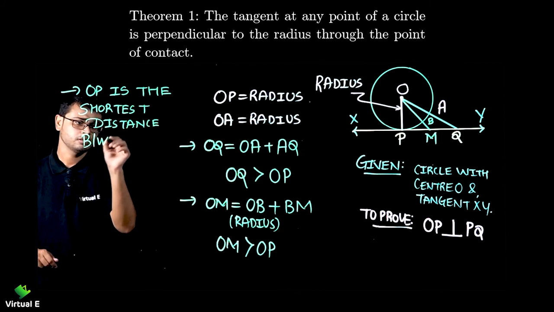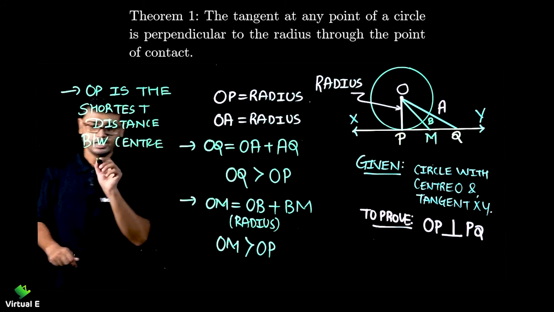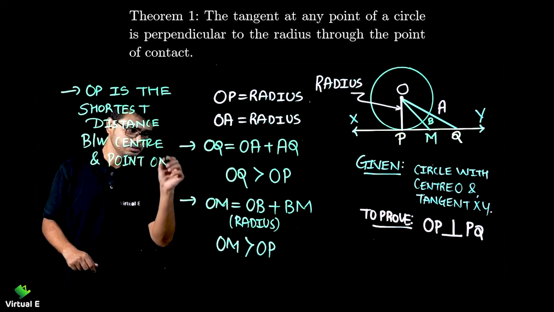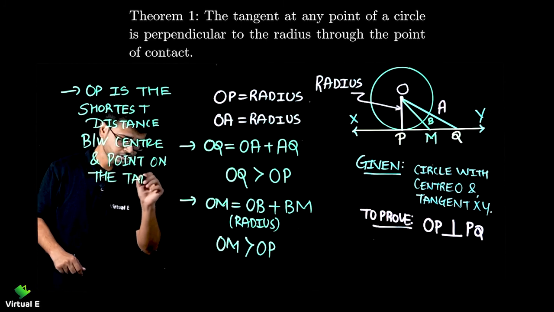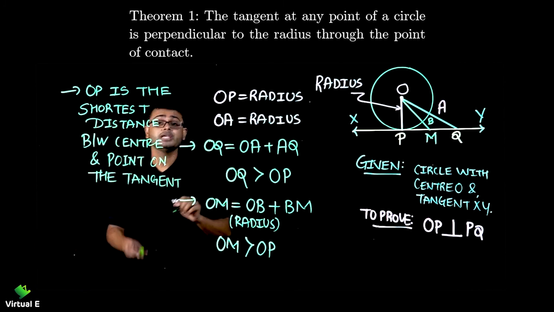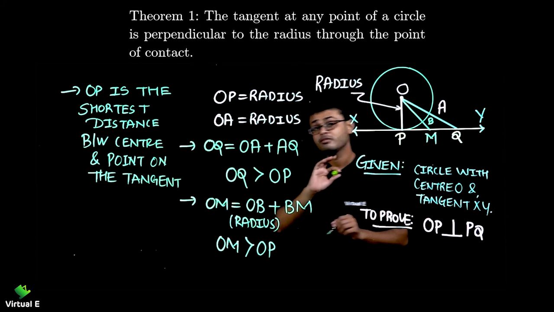This is the conclusion. Tangent, right? So OP is the shortest distance. Now remember, shortest distance is always perpendicular.